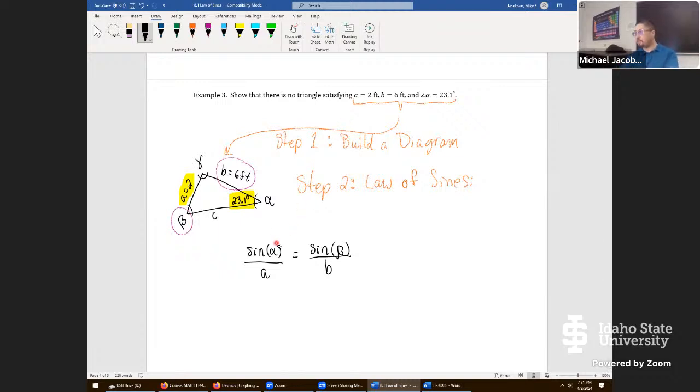On left, sine alpha becomes sine 23.1 degrees. It's divided by 2. Over here on the right, beta is the unknown, so we'll just put in sine beta. But side length B was known, that one is the 6 feet. So that goes down below. So that's our equation.